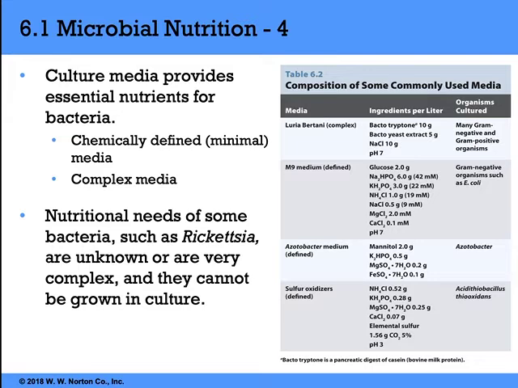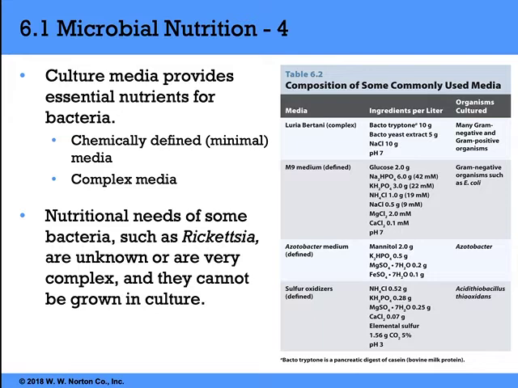Whereas in a complex medium, you'll have at least one component, maybe more, that have unquantifiable amounts of certain components, okay, because they are by their nature extracts of other things that aren't perfectly chemically quantified, okay.